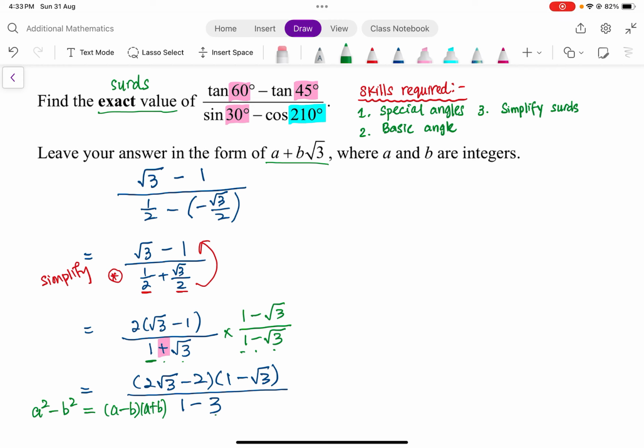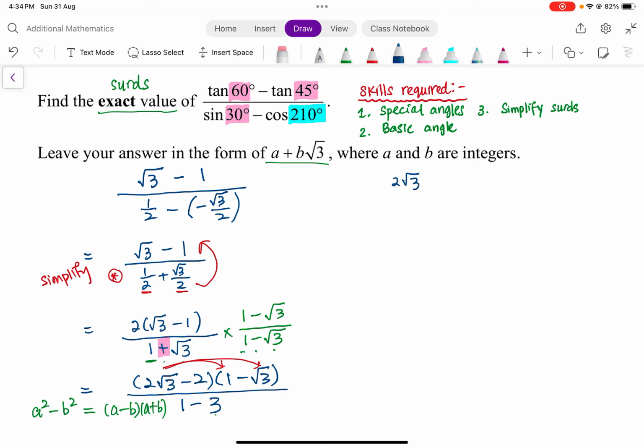Now once this is done, I am ready to multiply the numerator. What do I get for the numerator? I will have 2 root 3 times 1, which gives me 2 root 3.